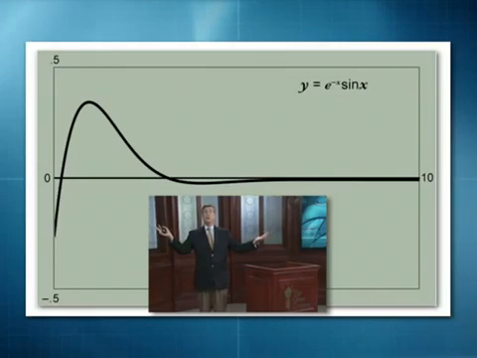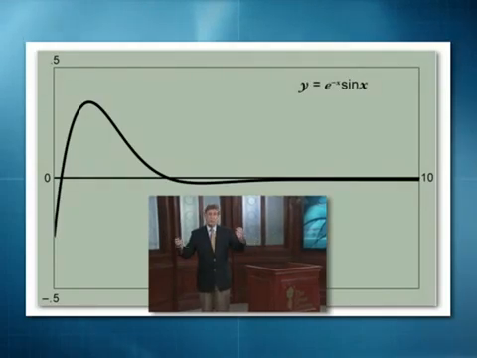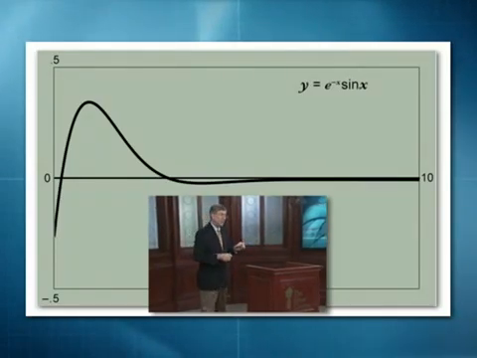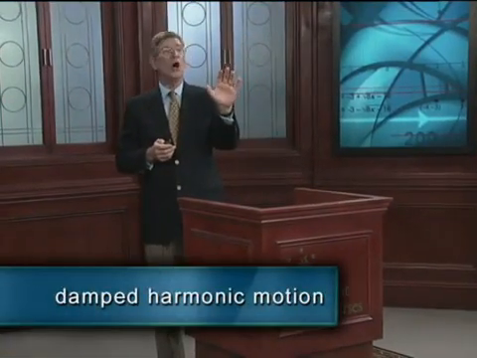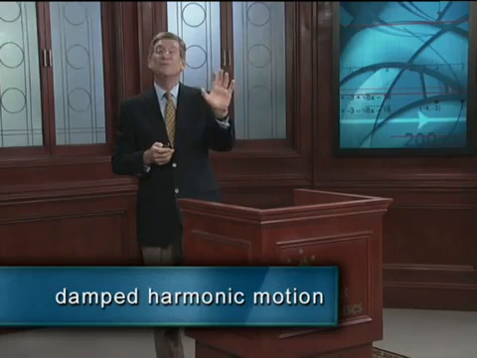That's an enormously small number, tiny number, 1 over e to the 1,000. And that's why the product shrinks down towards 0. All right, so this is an example of what we called damped harmonic motion. There's friction involved.